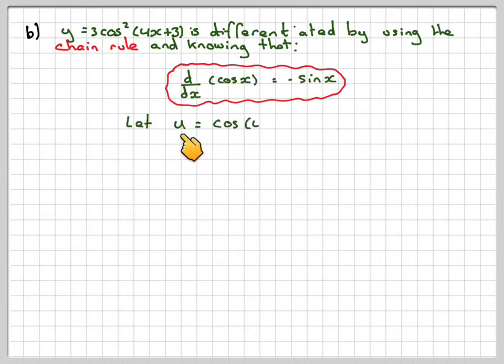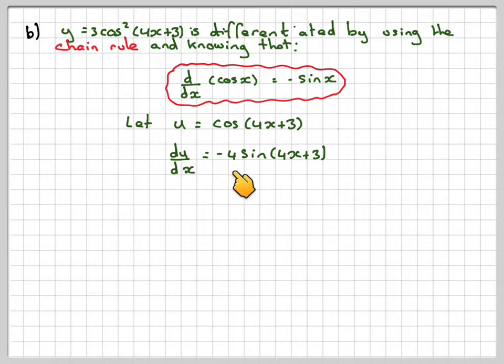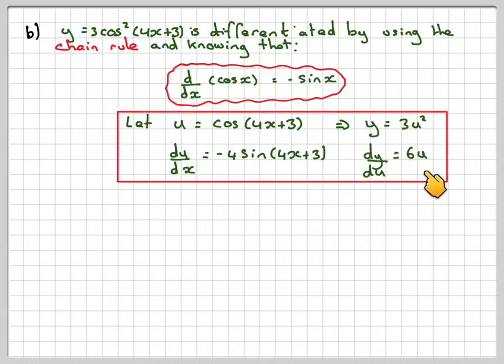So if you let u be equal to cos(4x plus 3), because this is like doing cos(4x plus 3) and then squaring it, du by dx will be minus sine(4x plus 3), and then when you differentiate the bracket here, you're going to get a 4 in front, so it becomes minus 4 sine(4x plus 3). And then y will become 3u squared, because that's what we got, 3 times all of this squared. And if we differentiate that, we're going to get 6u.